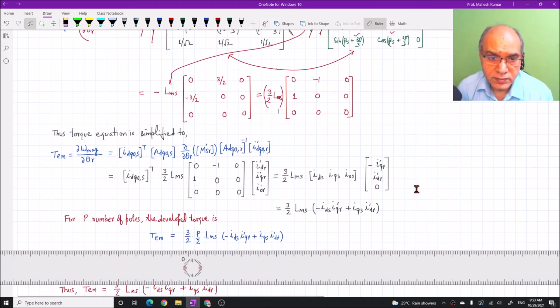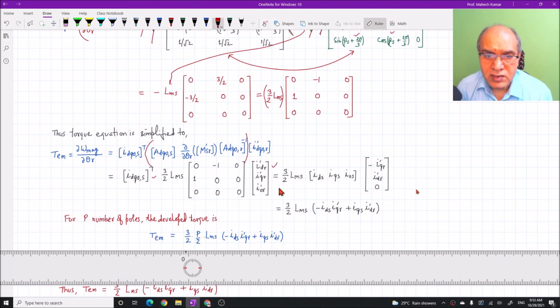After that, when we have solved this whole thing together, we have to multiply by IDQ0 S transpose and then the IDQ0 R dash matrix.